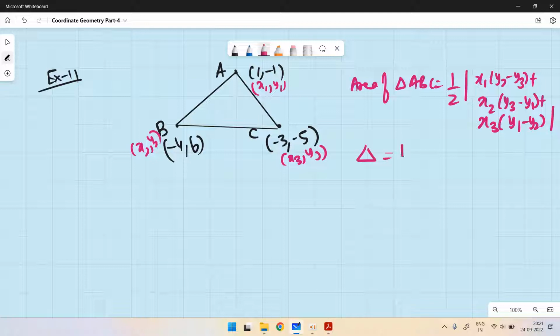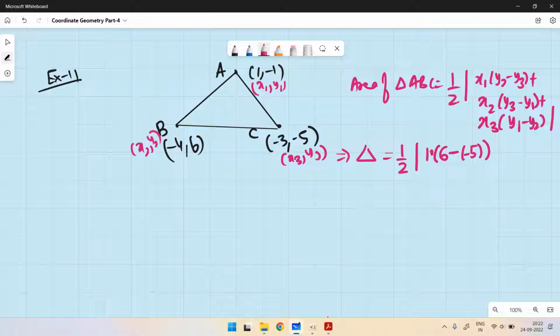This area is nothing but the modulus of this. x1 is 1, so 1 into (y2 minus y3). y2 is 6, so this is 6 minus y3, y3 is minus 5, so minus of minus 5.